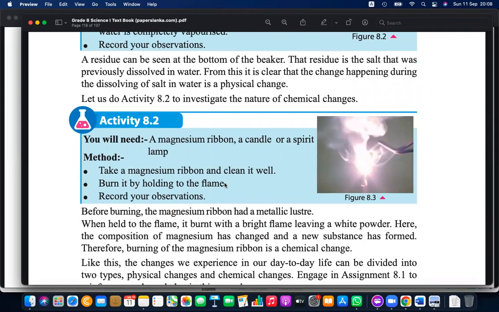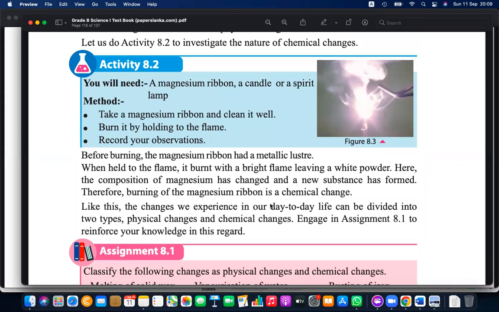The magnesium ribbon will burn with a very bright flame and produce white powder.